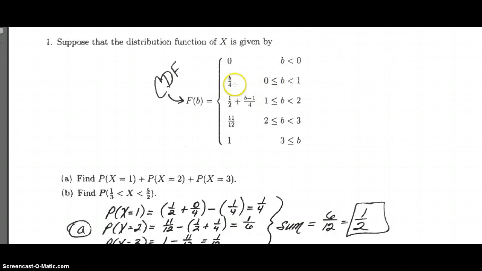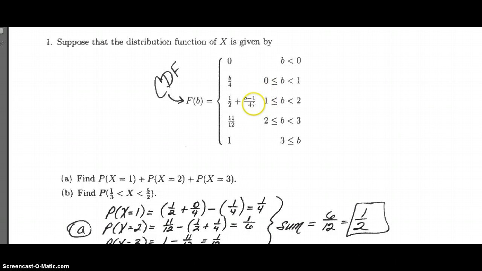If we're looking at the limit from the left side, as we get closer and closer to 1, this is going to get closer and closer to 1/4. So had there not been a jump, our value of the CDF at x equals 1 would have just been 1/4. But it wasn't. What happened is there was a jump here at x equals 1.